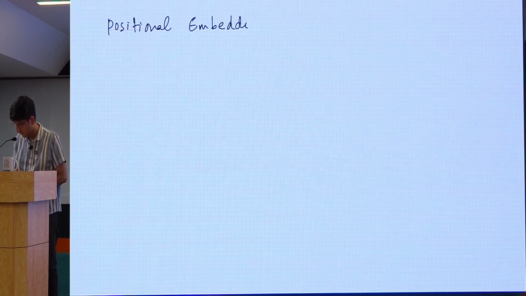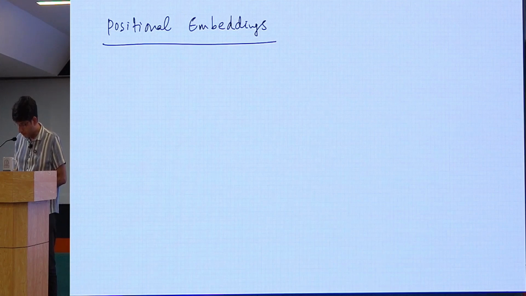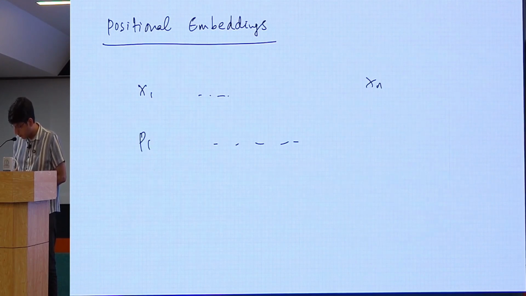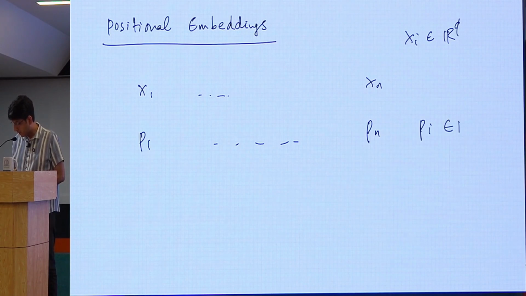So one very simple, almost dumb idea is that we will add positional embeddings. Just like you have x1 all the way till xn, you will have p1 all the way till pn. Just like xi was an r dimensional vector, pi is also an r dimensional vector.